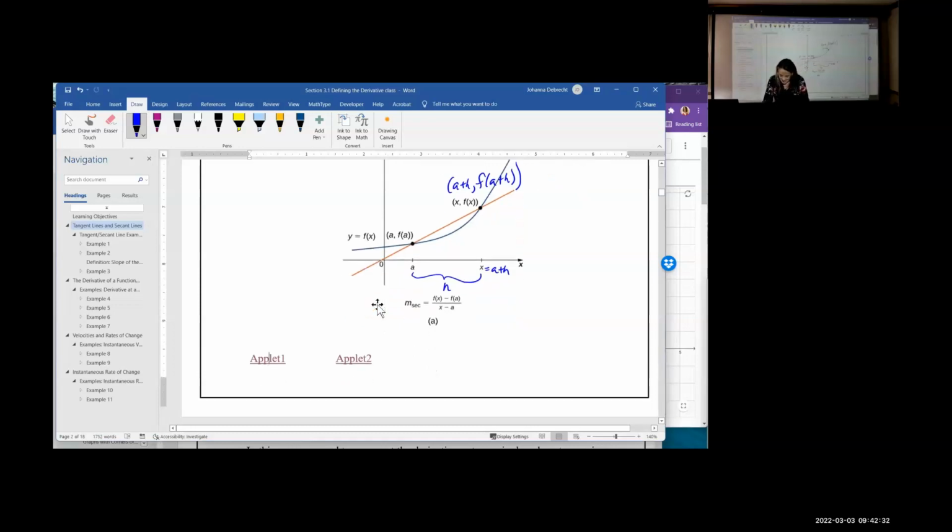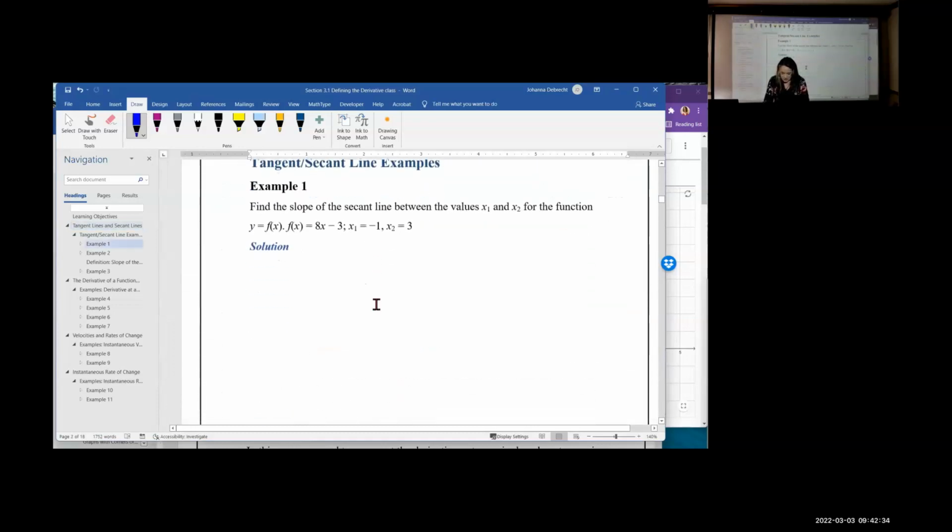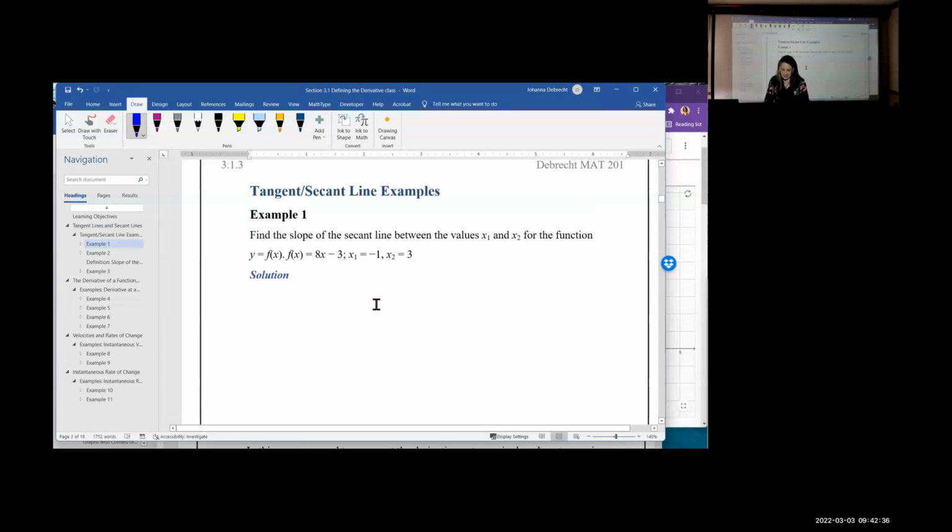Okay, so now we've got tangent and secant, and we want to find the slope of the secant line between the values of x1 and x2 for the function. This is just straightforward right out of middle school or high school, where you're doing the y2 minus y1 over x2 minus x1. This is the slope of the secant line that cuts through the graph.